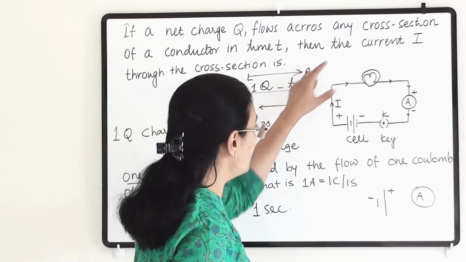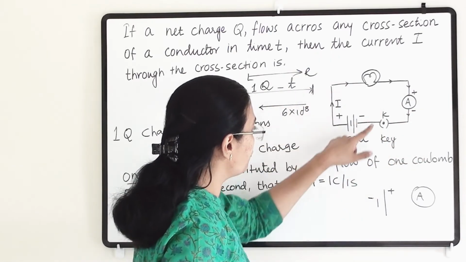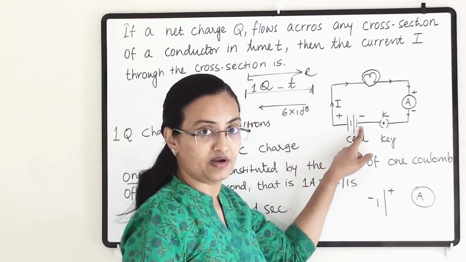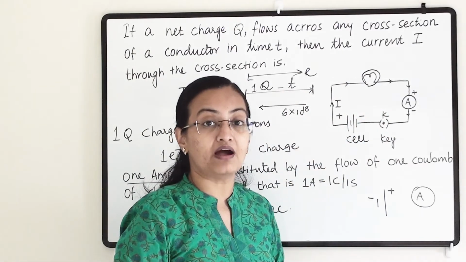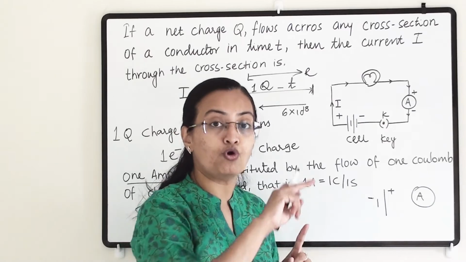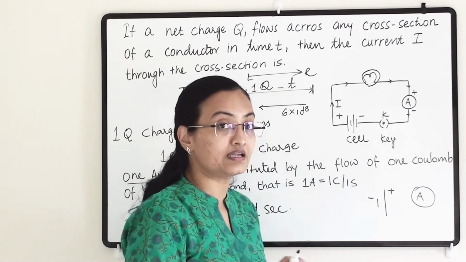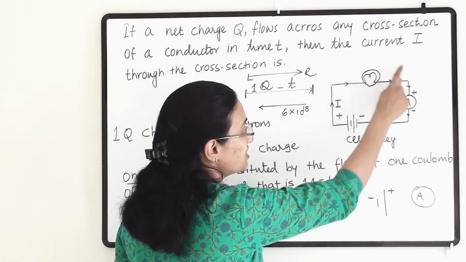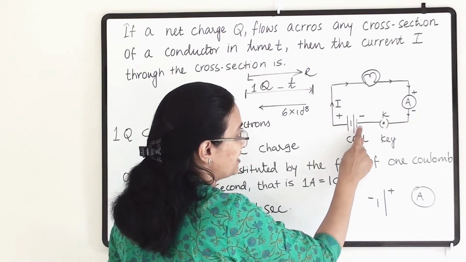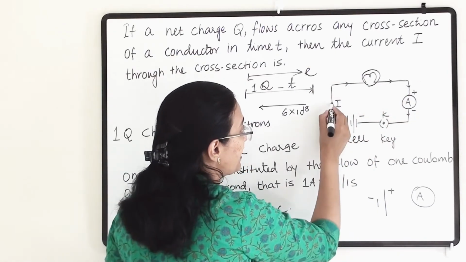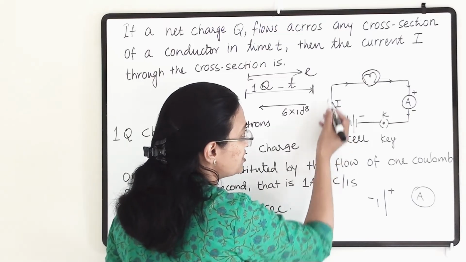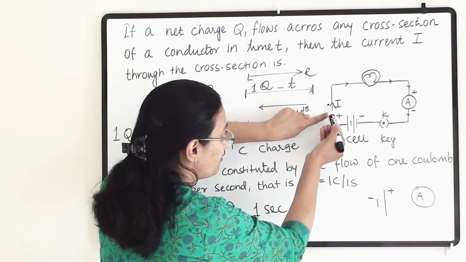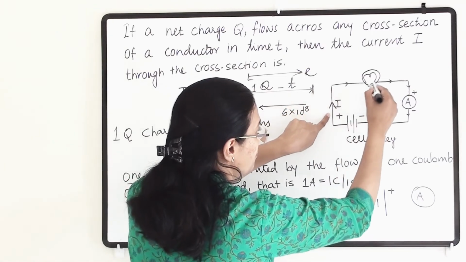This is our bulb, and here the current is flowing from the positive terminal of the battery to the negative terminal of the battery. This we have to keep in mind, that whenever we show the flow of current in a circuit, it will always be from the positive terminal of the battery to the negative terminal. So the flow direction will be from positive to negative. This arrow represents that it comes out from here and passes through the bulb.